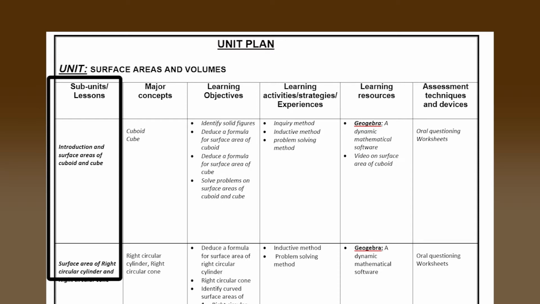In the first subunit, the student teacher has highlighted the introduction, the surface area of cuboid and a cube. Introduction should not be the teaching point. It is an introduction to the entire unit or the major theme that he is going to present. So, it becomes an introductory activity, and therefore, the teaching points will focus only on surface area of cuboid and a cube.